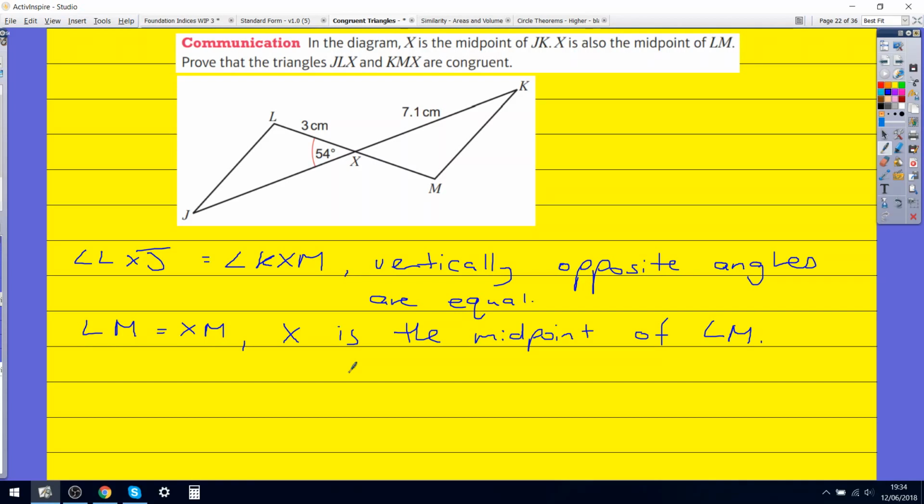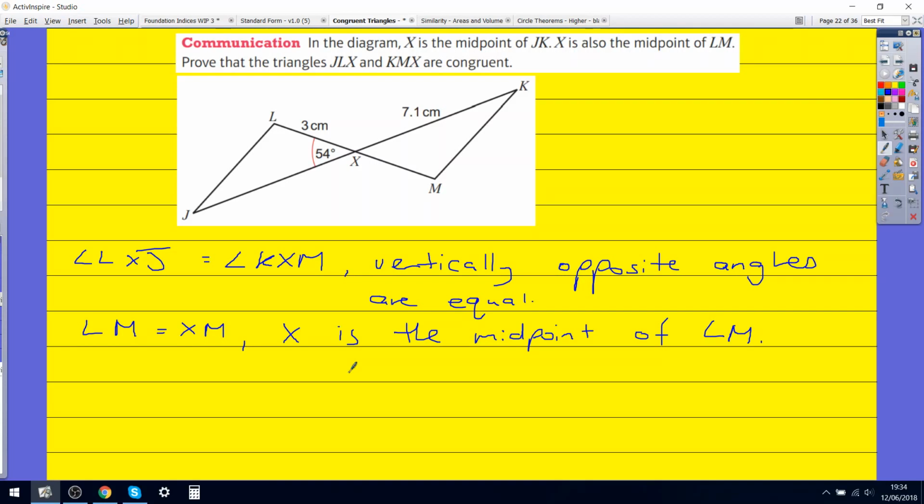Okay, let's try this one. So that's C, B, D, and A there. Those are all equal sides.